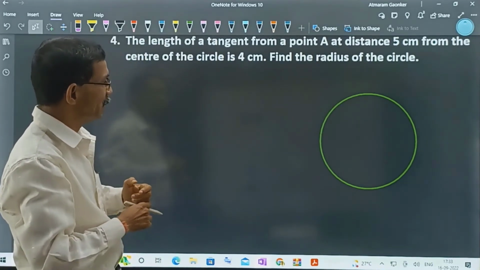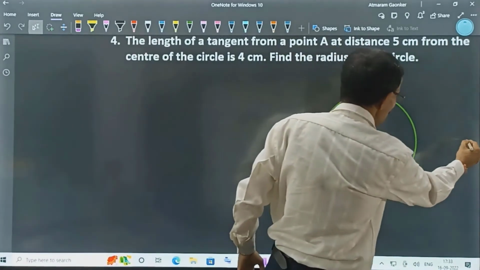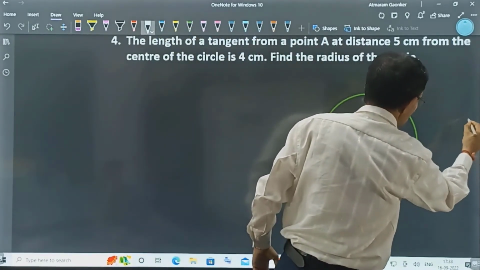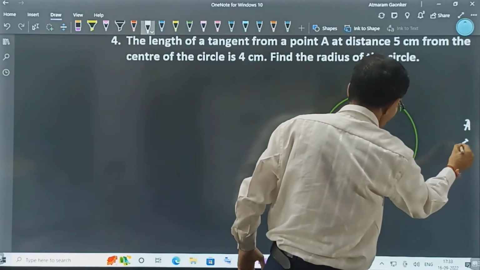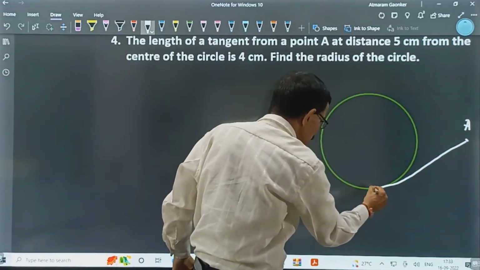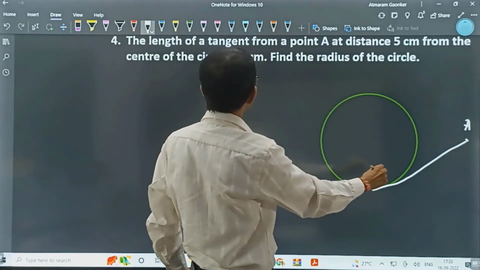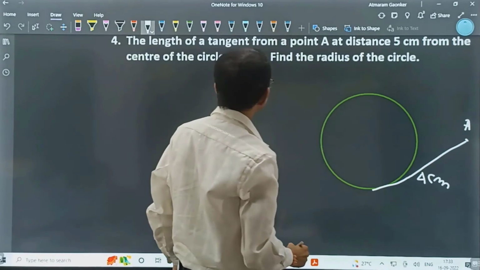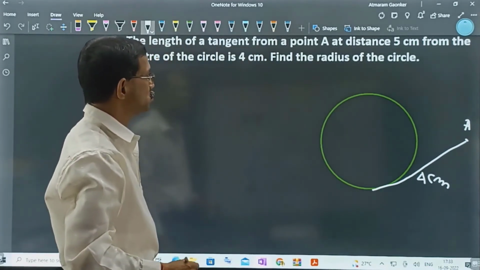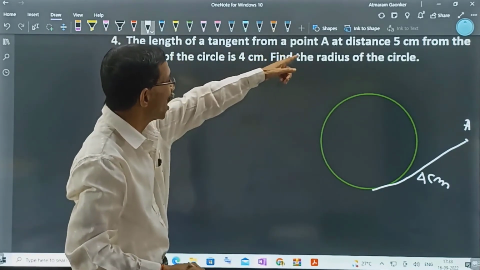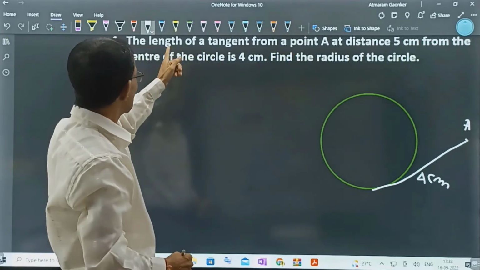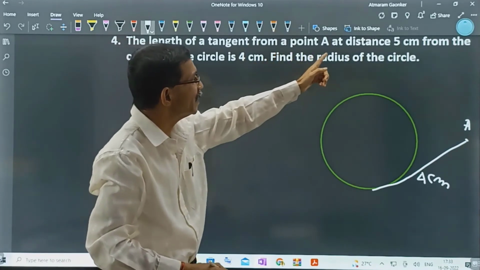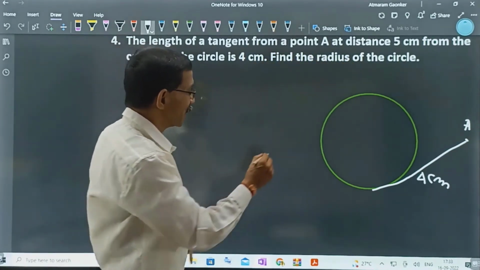So from point A, let us write point A over here. This is point A. And when I draw a tangent, this tangent is 4 centimeters. And what is the other thing that is given? Point A is at a distance 5 centimeters from the center.